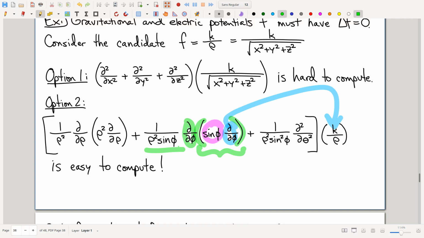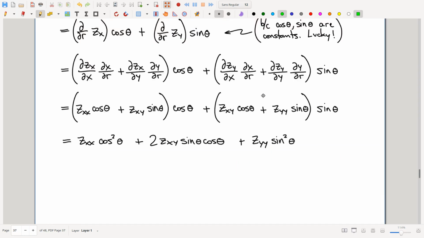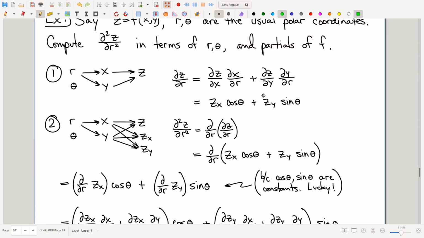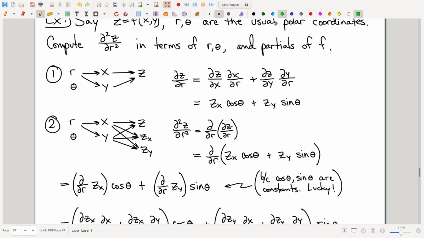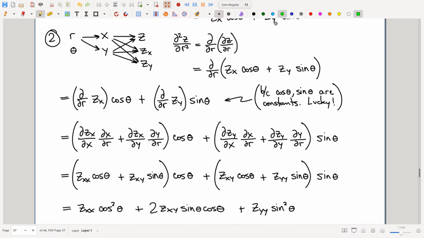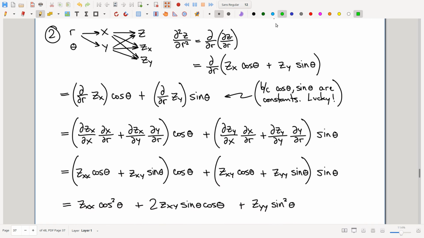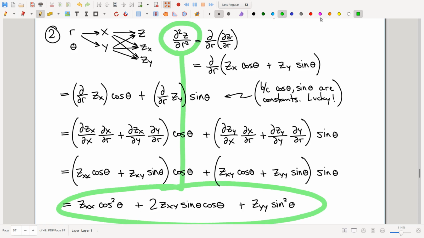So in the question before, just going back a little, when you're given z is some function of x and y, but you're not given the exact function, I know the final answer is zxx. If you were given that, for efficiency, would you want to wait until the very end to compute and then plug in zxx? What we've done here is rewritten a second partial in polar coordinates in terms of second partials in rectangular coordinates.